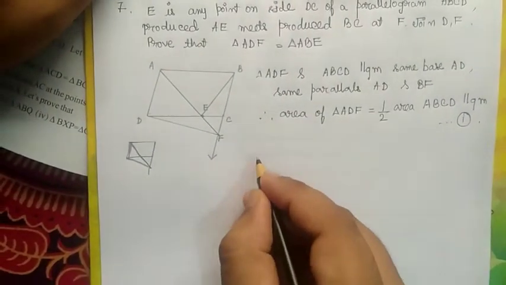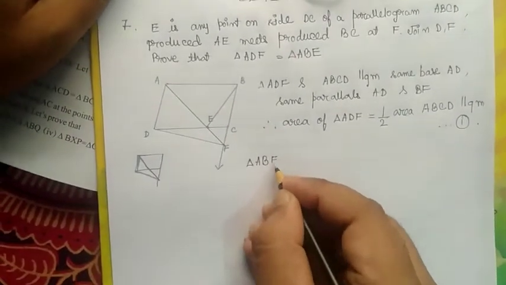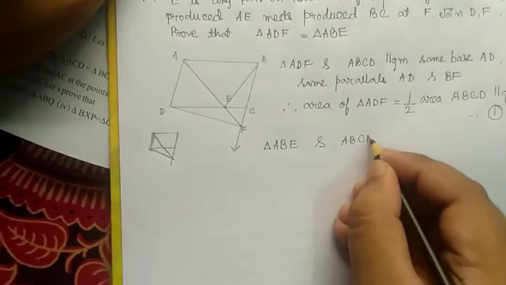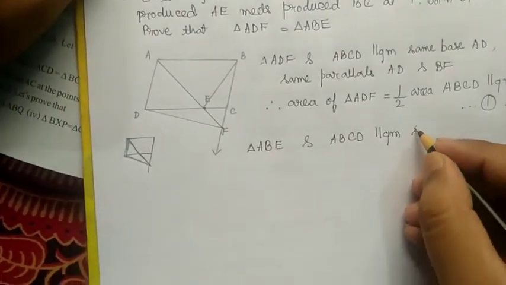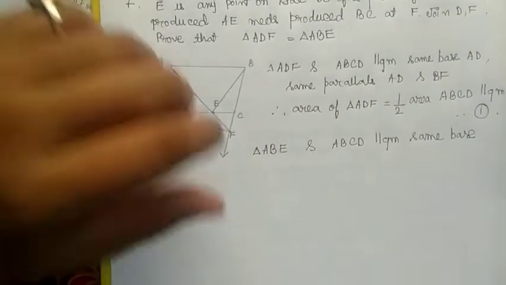Now triangle ABE and ABCD parallelogram both are on the same base.